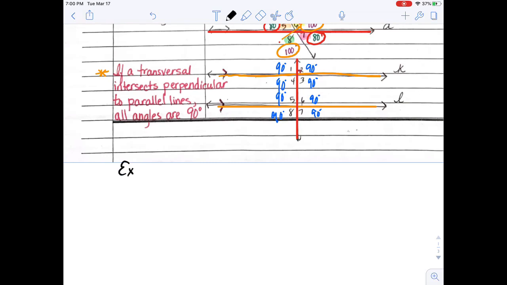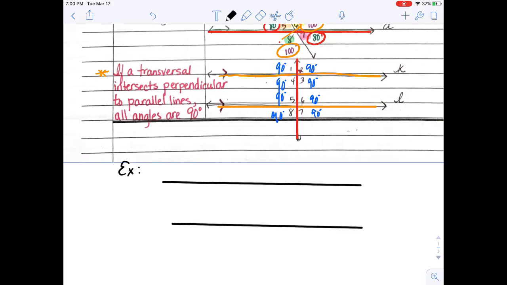So let's look at this example. If I gave you two parallel lines, there they are, and here comes the transversal, cutting it right on through. And let's name them. 1, 2, 3, 4, 5, 6, 7, 8.